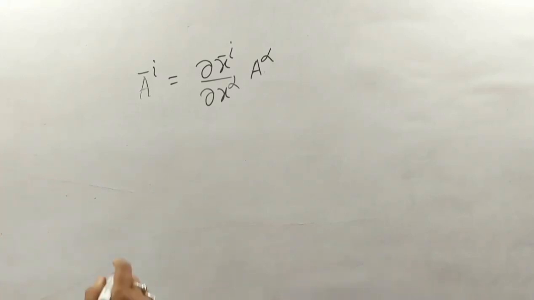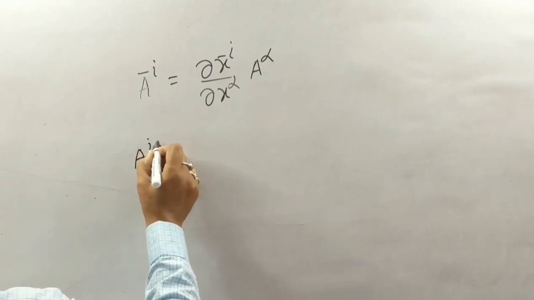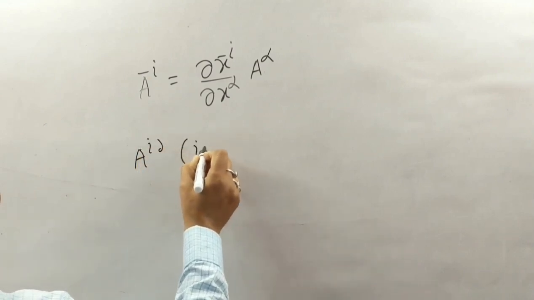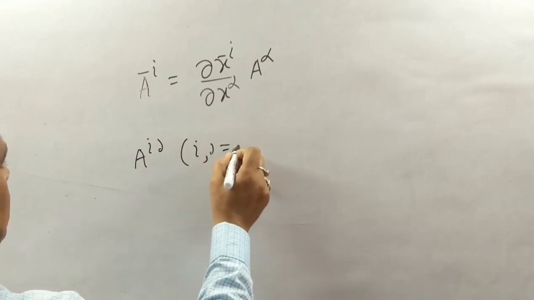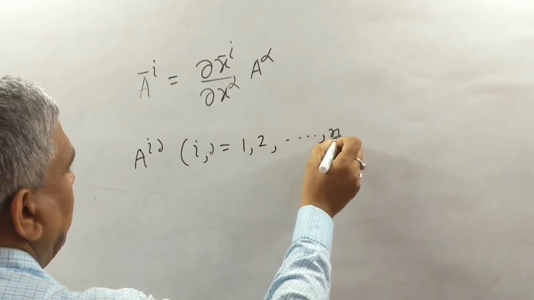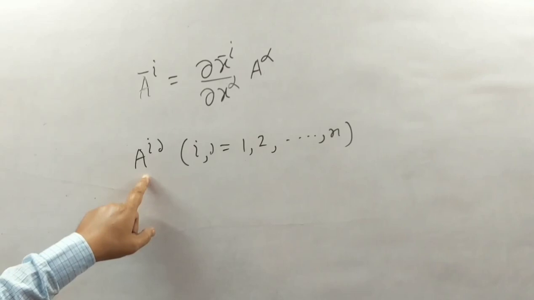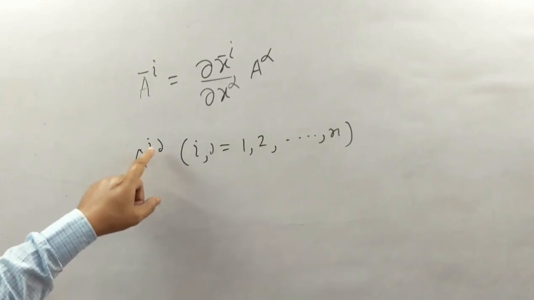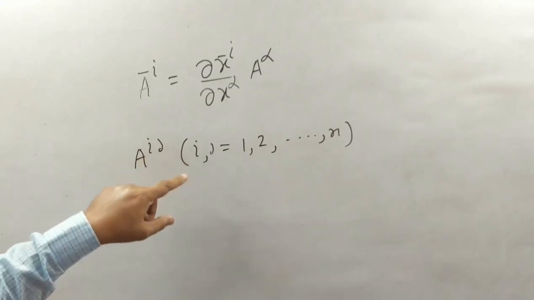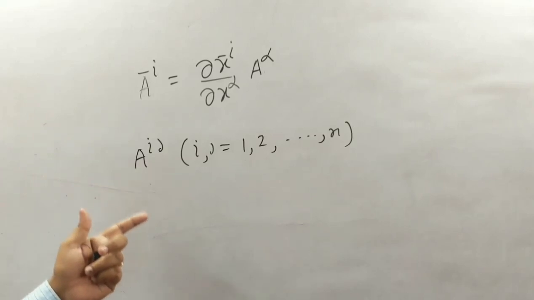Let A^{ij}, i, j equal to 1 to n, in which we get n square number of quantities, A11, A12, A13, and in this way we get an n by n matrix.